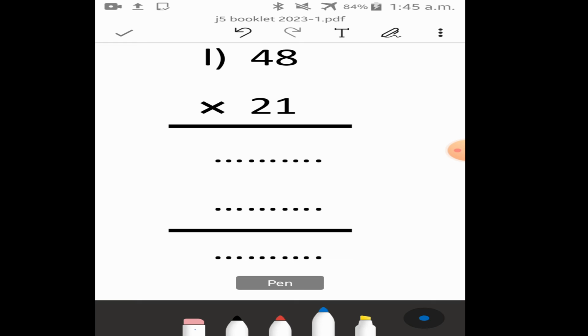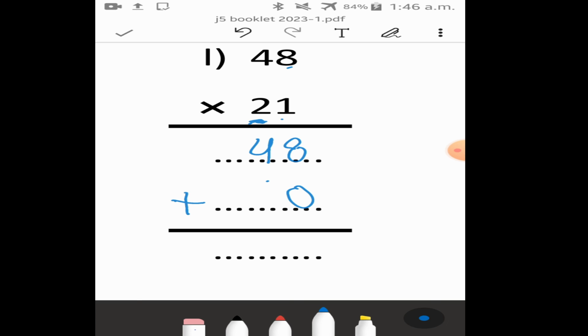First, by using the standard algorithm, we say that 1 times 8 equals 8, and 1 times 4 equals 4, and then plus. We have here 21, so this number is not 2, it's 20. So 20 times 8, bring down 0, now this number becomes 2.